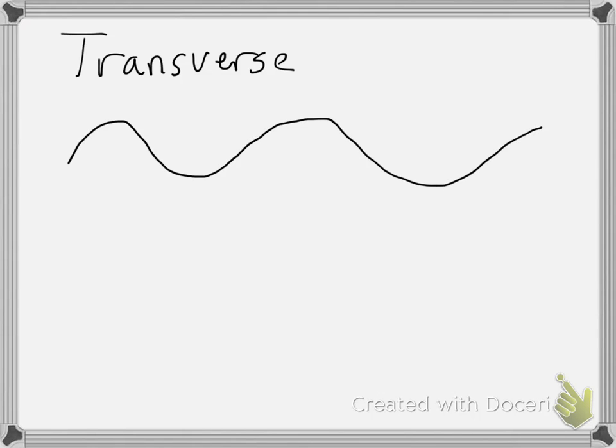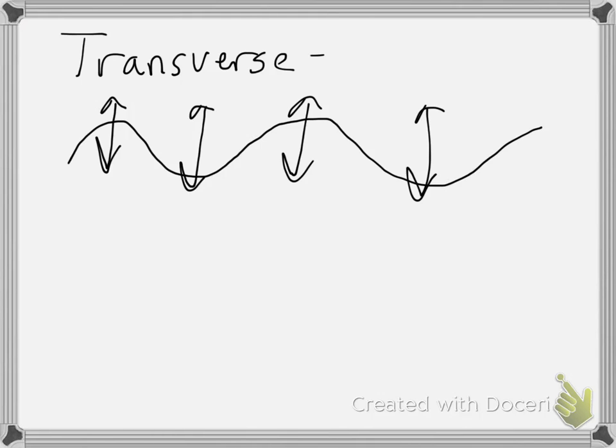All right? And so the definition of a transverse wave is that the disturbance, in other words, this up and down motion of the wave at these points along here, the motion of the disturbance up and down is perpendicular to the direction of motion.